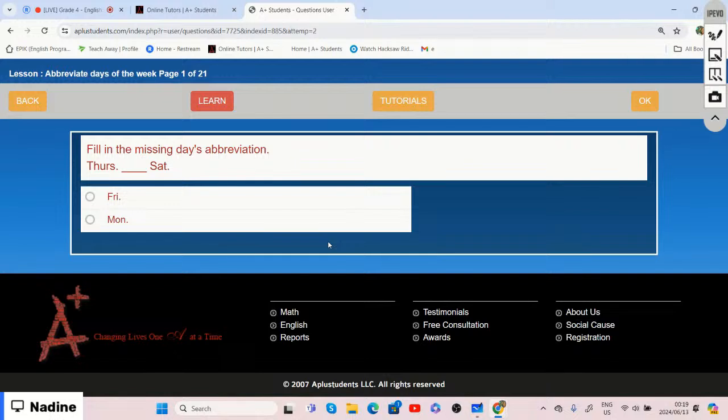And if we were to identify the missing day's abbreviation, it says Thursday and Saturday. Is it Friday that is missing or is it Monday that is missing?